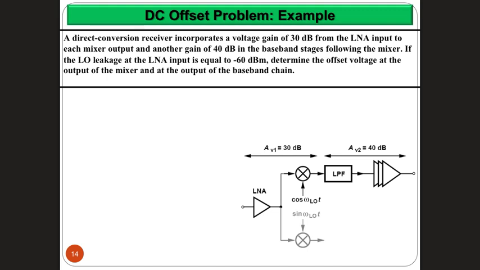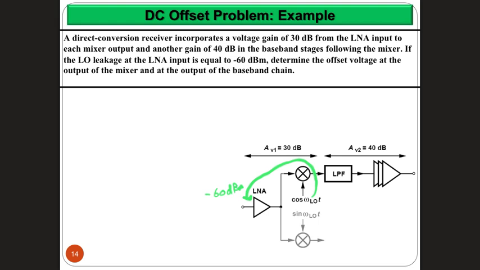The question says that the local oscillator is leaking to the input of the low noise amplifier, and the amount of leakage is equal to minus 60 dBm. Determine the offset voltage at the output of the mixer.